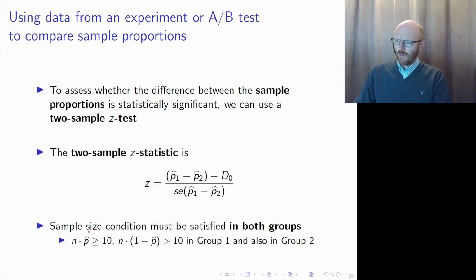And we have to check that the sample size condition is satisfied in both groups. So for the first group, we take the sample size times the sample proportion.